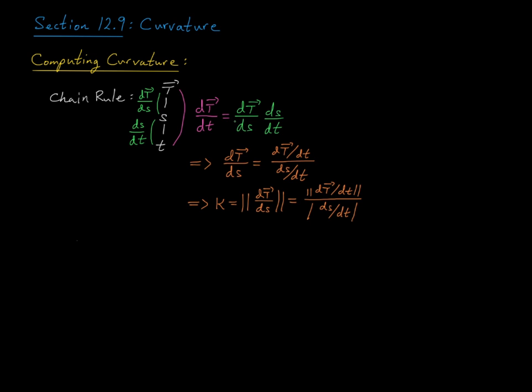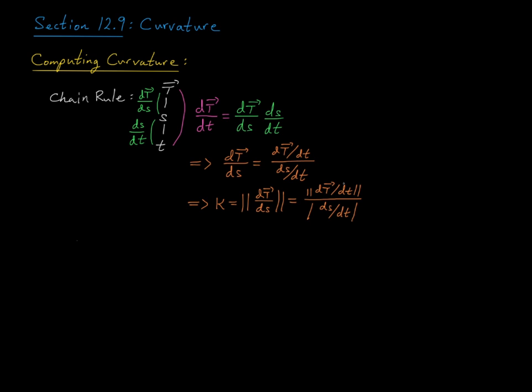Now if I divide both sides of this equation by ds/dt, I find that the derivative dT/ds is this ratio of derivatives. And now if I want to measure the curvature, I want the magnitude of this derivative dT/ds. So on the right, I'm going to be taking the magnitude of this derivative dT/dt, and notice here, when you differentiate the vector function capital T, you get in turn another vector function.